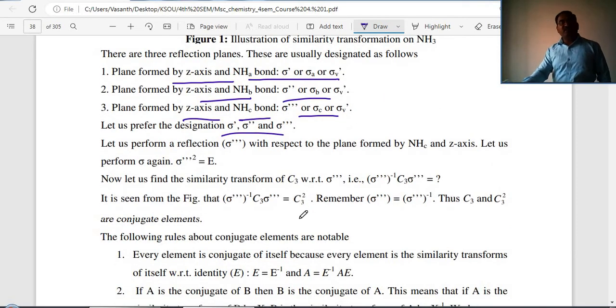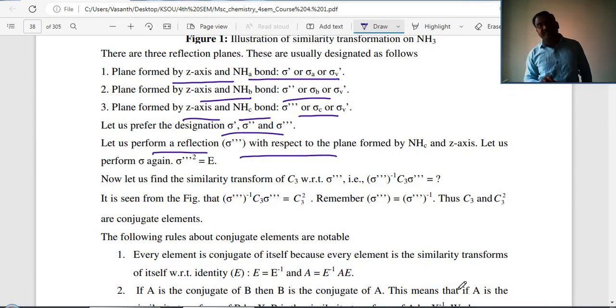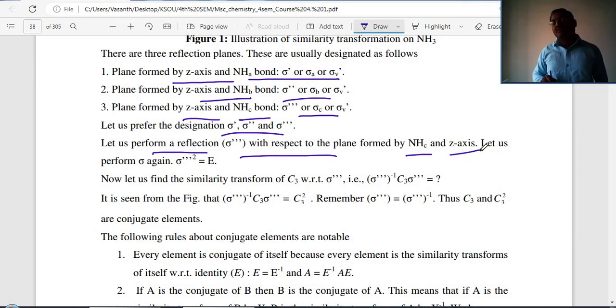Let us prefer the designations sigma dash, sigma double dash, sigma triple dash. Let us perform a reflection with respect to the plane formed by NHC and the z-axis. Let us perform sigma triple dash again; sigma triple dash square is equal to E.